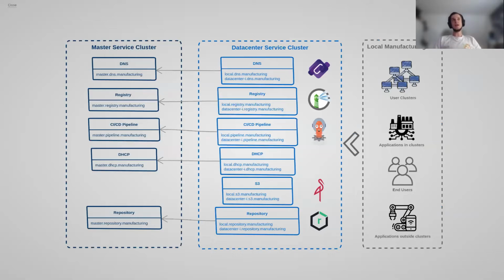The lucky thing for us was we could use a lot of open source projects for this. So we use CoreDNS, we use Harbor as a registry, we use Argo as a CI/CD pipeline. For the local storage, we use MinIO, and for the repository for updates to the OS versions and OS updates, we use Nexus. But for DHCP, we ran into kind of a problem because there is no containerized DHCP.